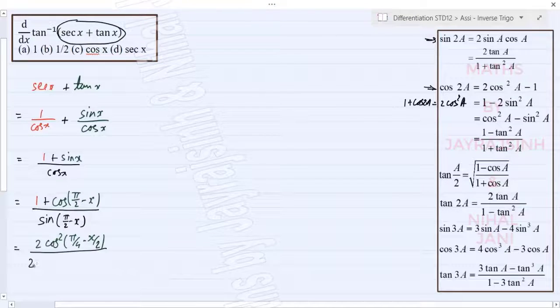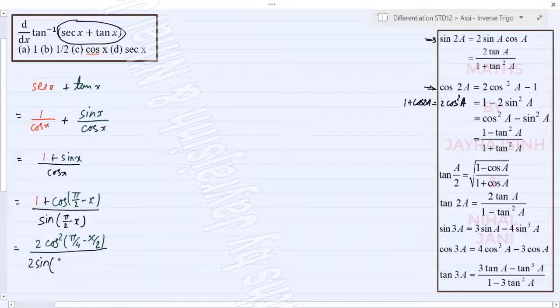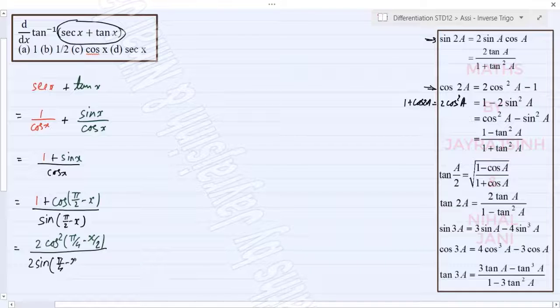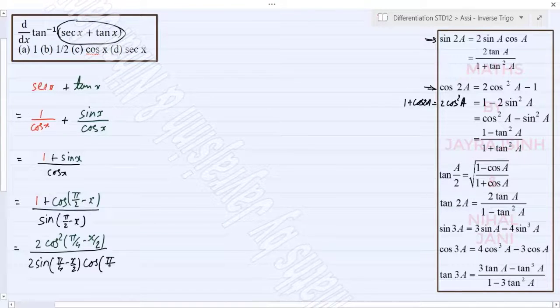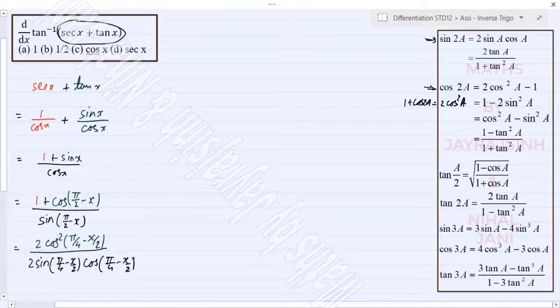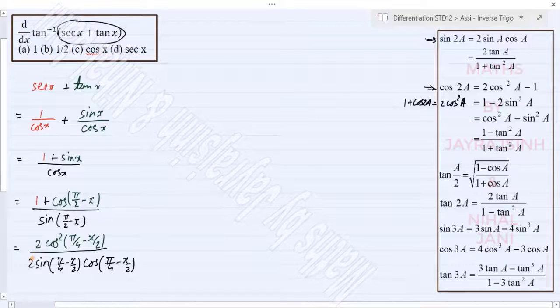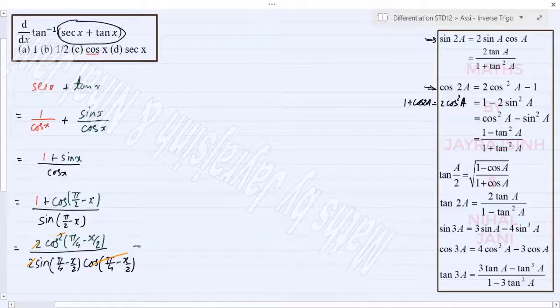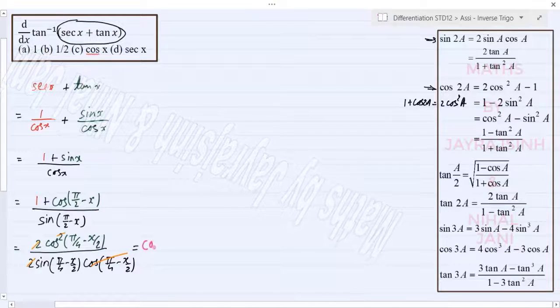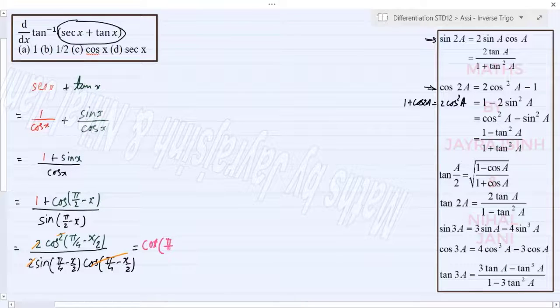So here we'll get 2 sin of half the angle, which is pi by 4 minus x by 2, and cos of half the angle, which is pi by 4 minus x by 2. So we can simplify these terms as 2 cancels out, 1 power of cos will cancel out, and we will get cot pi by 4 minus x by 2.